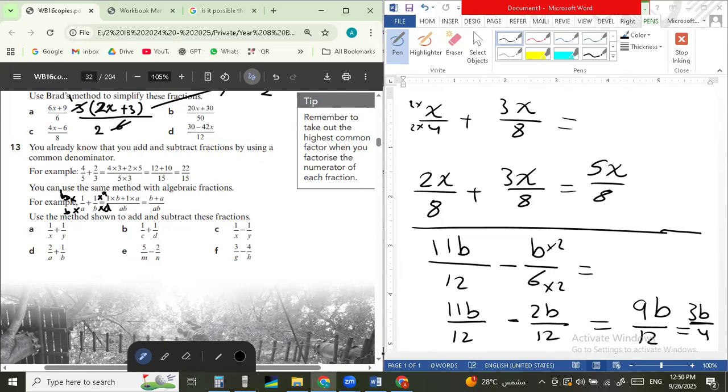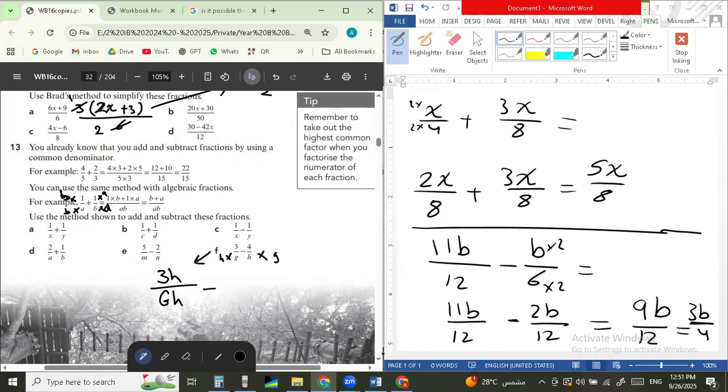So here, how can you do this? Same thing exactly. Let's take f as an example. I'm going to multiply this by h, down and up. Multiply this by g, down and up. So multiplying this by h is going to be what? 3h, h up and h down. 3h over gh. I'm going to use the capital not to confuse it with the 9.